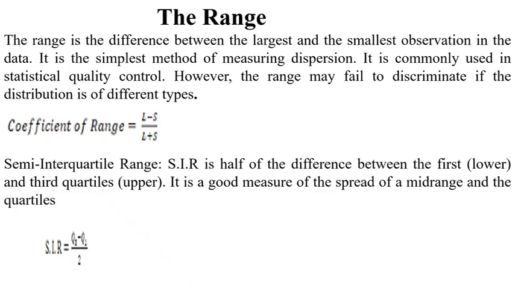So semi-interquartile range is the difference between the first, lower, which is the 25th percentile, and the third quartile, which is the upper. It is a good measure of the spread of a mid-range and the quartile. So the formula for semi-interquartile range is Q3 minus Q1 all over 2.